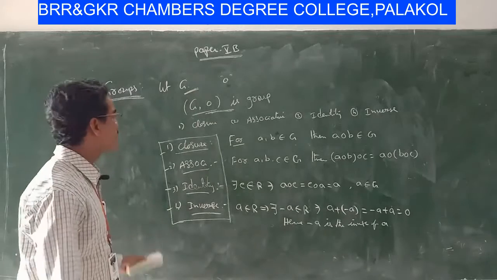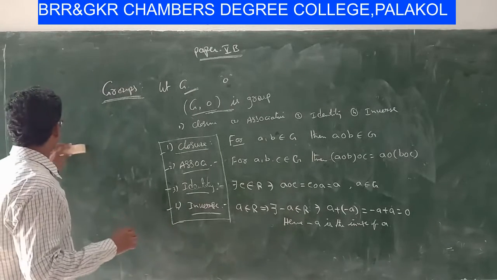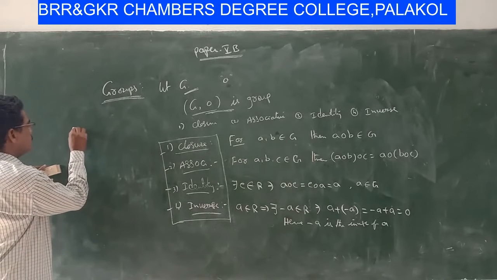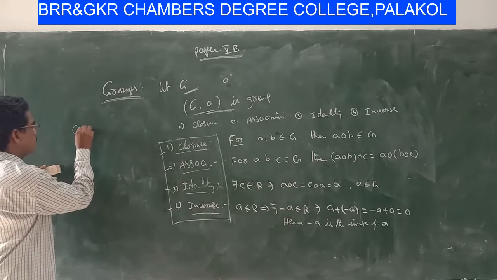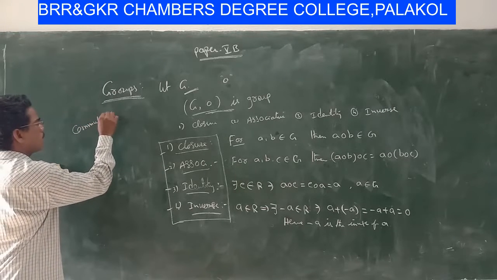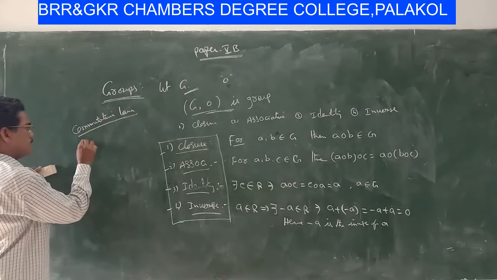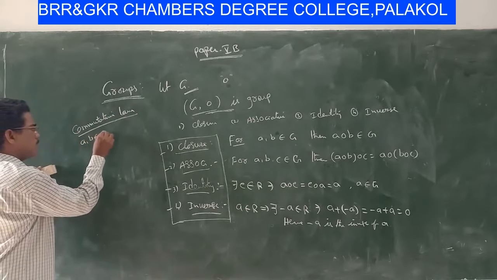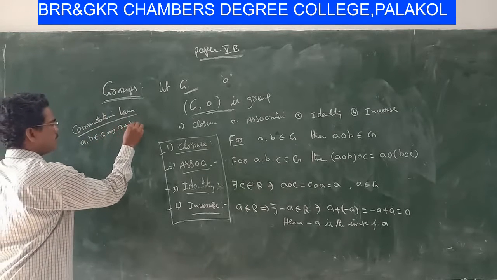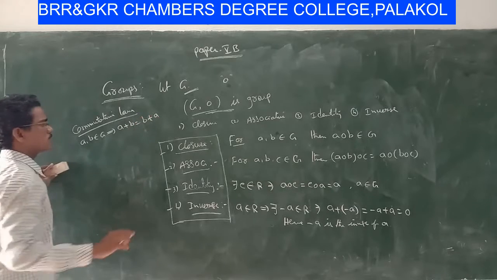Okay. Next, another one is commutative. Commutative law. Here some A comma B belongs to G implies A plus B is equal to B plus A. It is commutative.